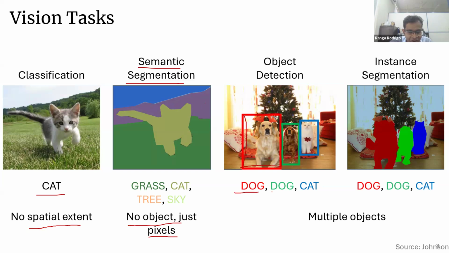You give it a name: dog, dog, cat, as you can see. But instance segmentation is more advanced than that. You classify individual pixels and also give it a class name. You can see there are two dogs here, this dog and that dog. It individually identifies those dogs and the cat.